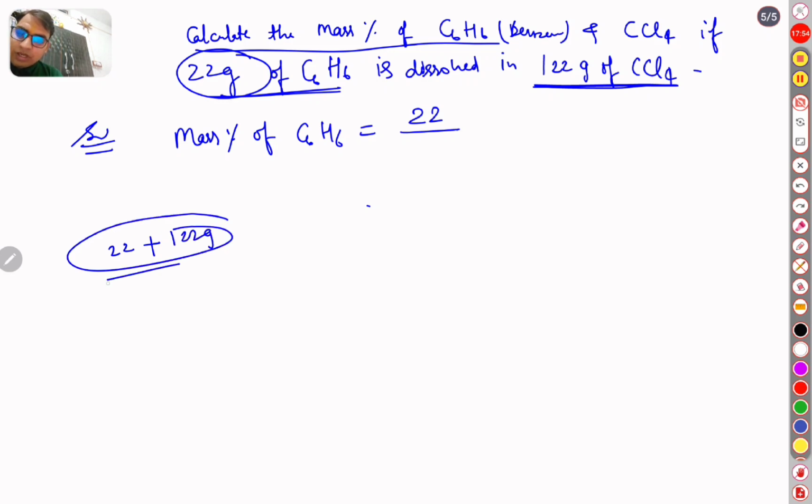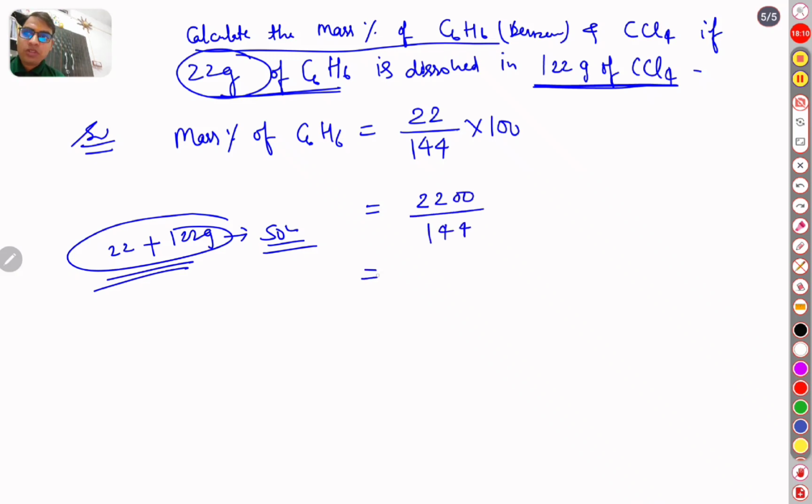We will add, then we will get the solution mass, 144 gram, into 100. So you will get 2200 by 144. If you solve this, you will get 15.28%. This is the 15.28% of benzene present in the solution.